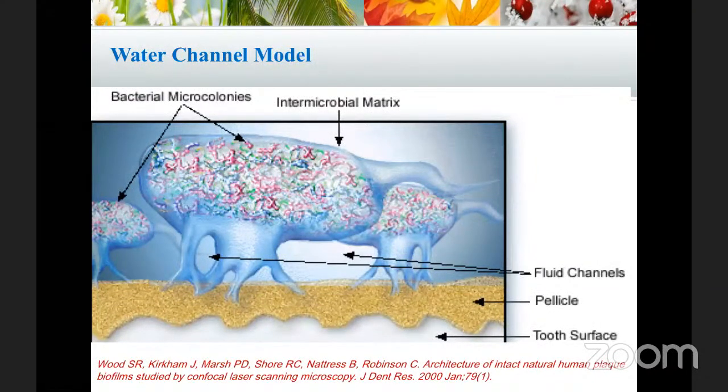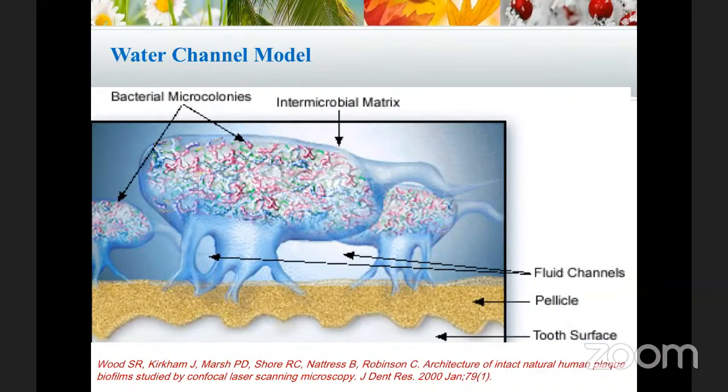We all know the acquired pellicle is the important one, on which primary colonization occurs, then secondary colonization occurs. Then these bacterial microcolonies in the intermicrobial matrix have different channels composed in a tough extracellular matrix.